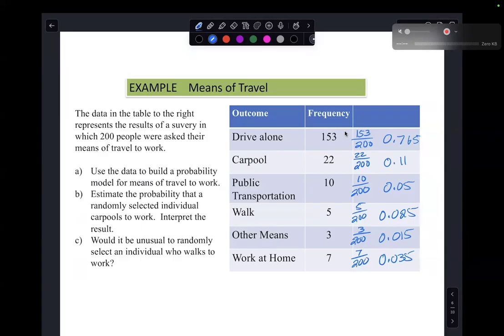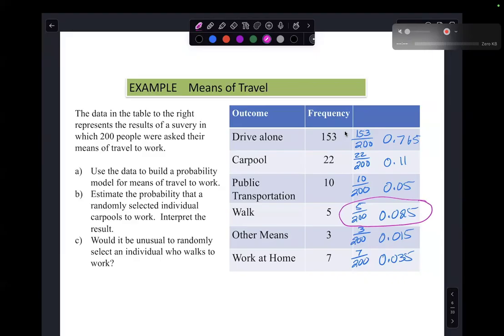So this one also wants to know, would it be unusual to randomly select an individual who walks to work? Walking to work, we see here, is about 2.5%. Therefore, yes, it would be unusual.